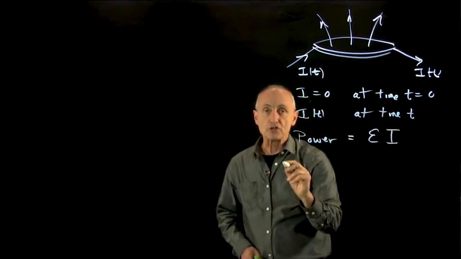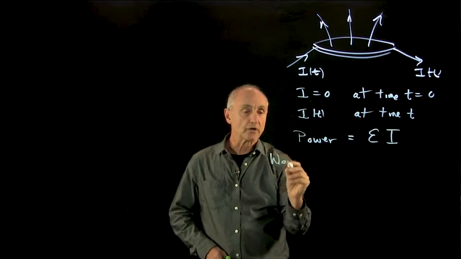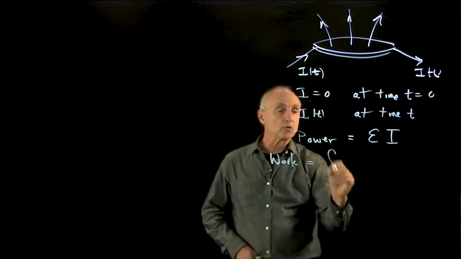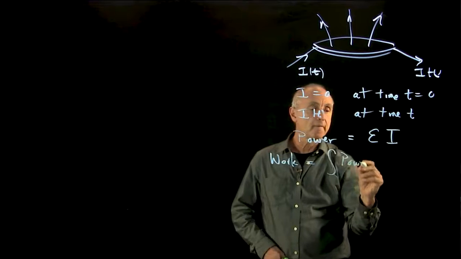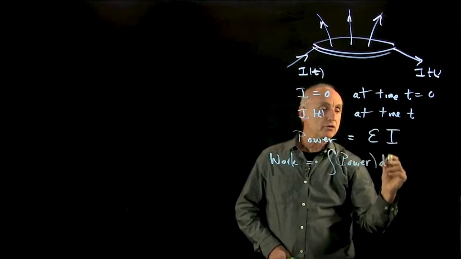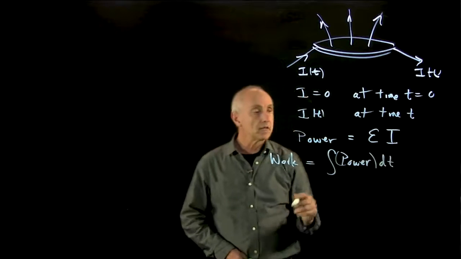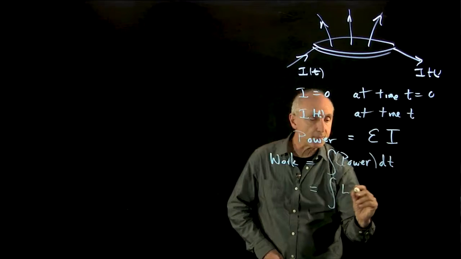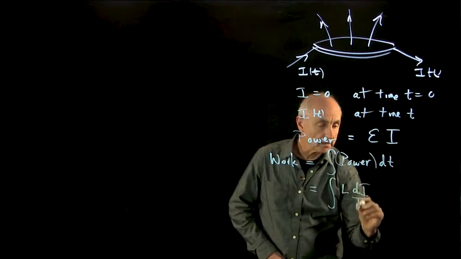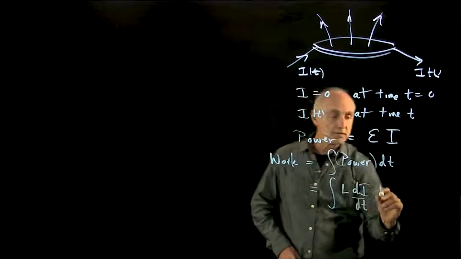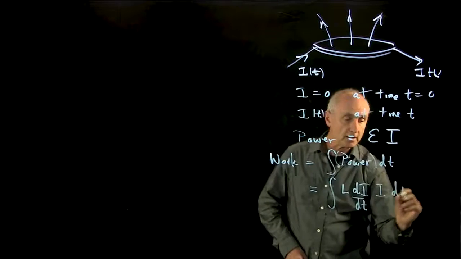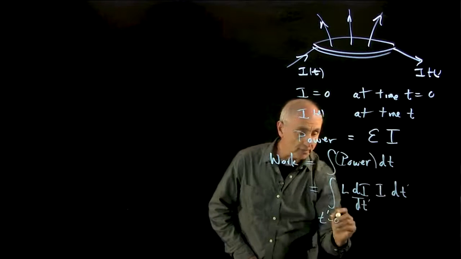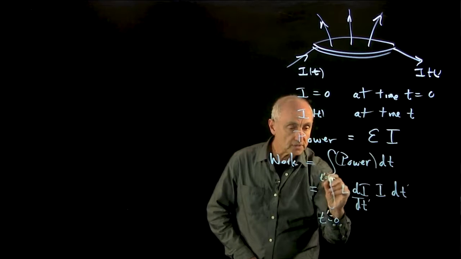Now, the energy, or the work done in overcoming the back EMF, is going to be the integral of the power integrated over time. And so what we have here is the integral of the back EMF, L dI/dt, times I times dt, integrated, in this case, we'll call the integration variable t prime, from 0 to some time t.